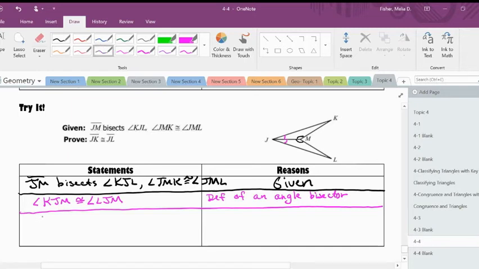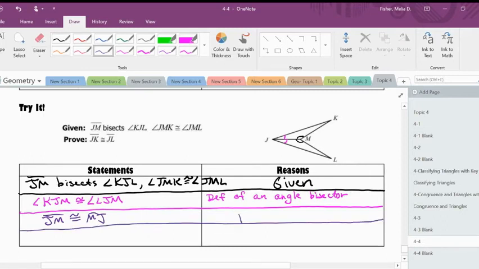Next, we can state that JM is congruent to MJ. That is the reflexive property.